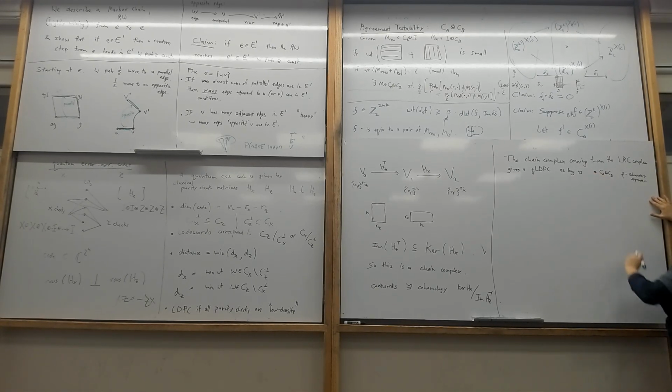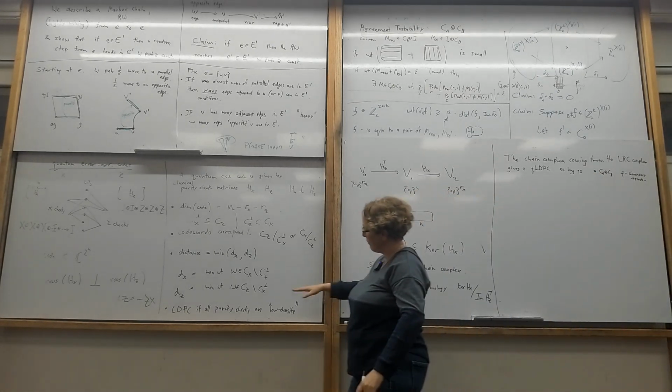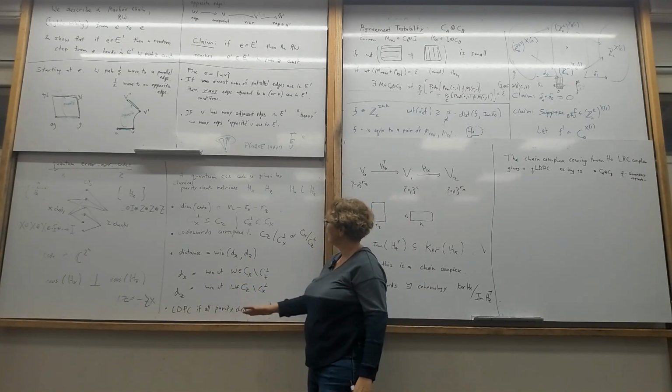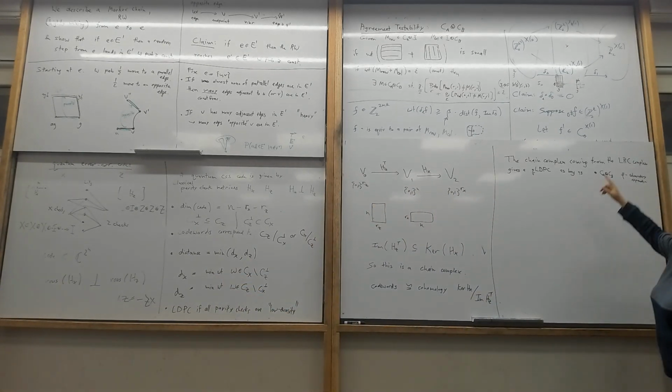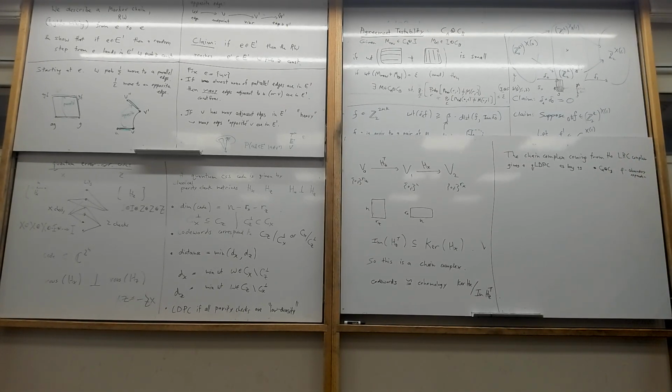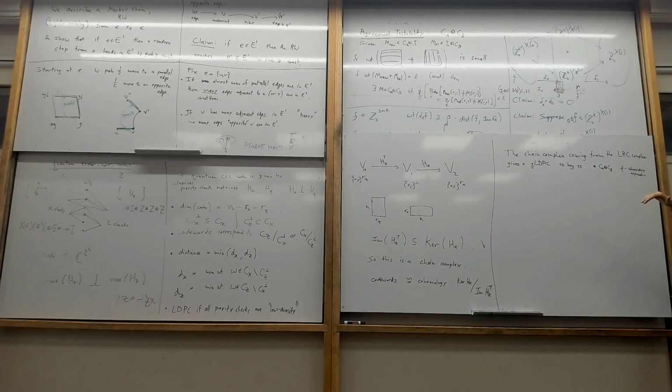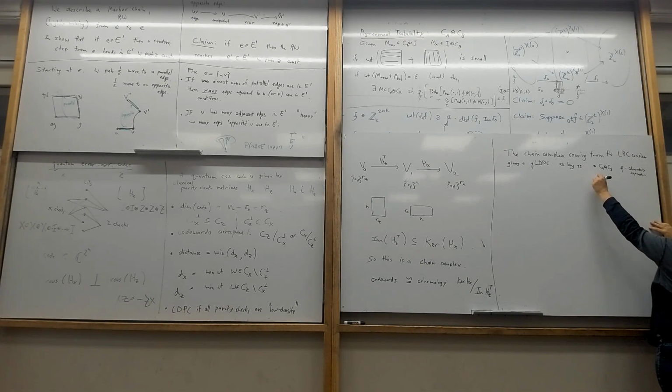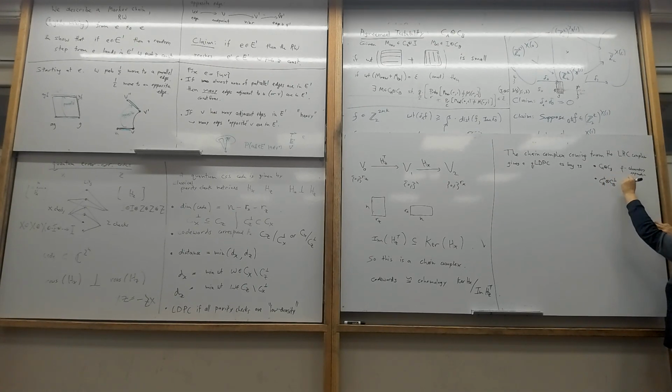Now we need to prove distance both for dx and for dz, which means you need to look at this chain with the arrows in reverse. You need to take the transpose of all the arrows and look at the chain this way. It means you need to look at the dual code, CA dual tensor CB dual, and it also needs to be a coboundary expander. So as long as these two things happen, you have constant relative rate and constant relative distance for this chain.